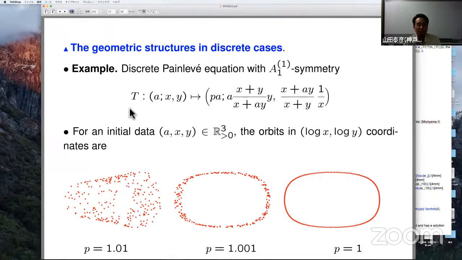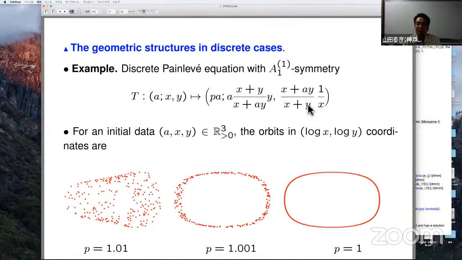For example, this is one of the simplest discrete Painlevé equations, which is a birational mapping on parameter A and variables X and Y. P is the non-autonomous parameter which describes the incrementation of the parameter A by discrete time evolution.